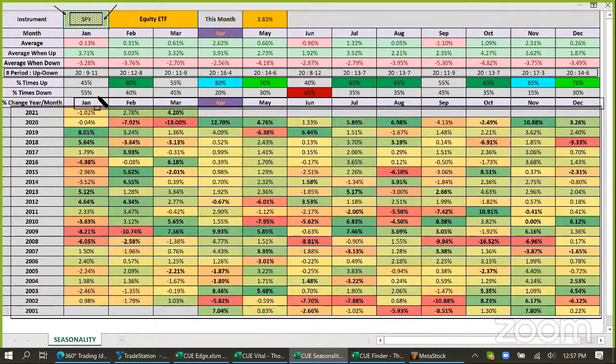So it first shows how many periods of data are available, and out of them for each month, how many times it went up, the first number in the pair, and how many times it went down. Then it uses those up down numbers to calculate percentages, the percentage of times up and percentage of times down.